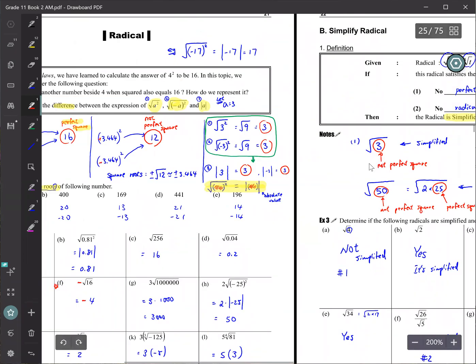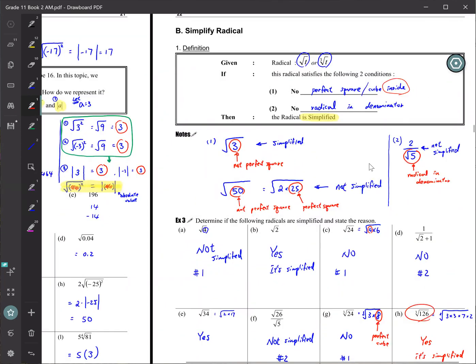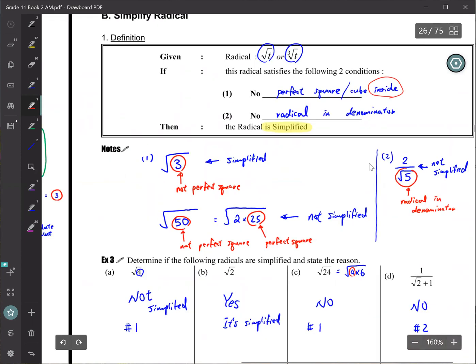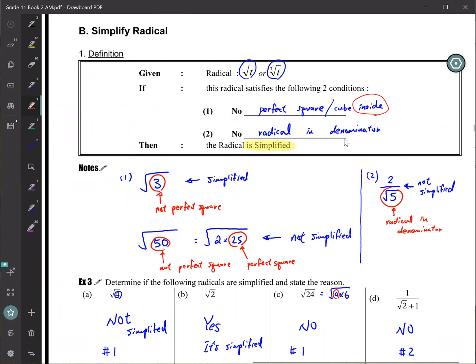And then on the next page, we talked about the two conditions required to check if the radical is simplified or not. All right, Brendan, what is the first condition? How do you know a radical is simplified or not?